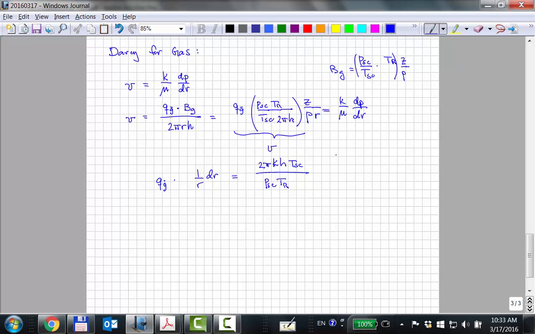We're going to bring the P over Z, so we're going to get P over mu Z. And we still have our dP on this side. Okay? So I think these are all the constants out here. Did I collect them all? And then we can just do the integration from the wellbore radius out to, we'll use the outer boundary, and we'll not worry about the average yet. We'll integrate here from PWF to PE.